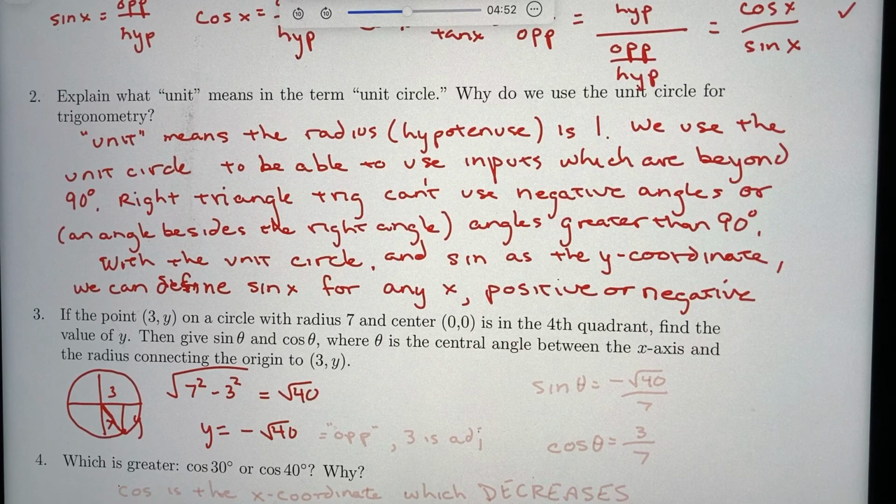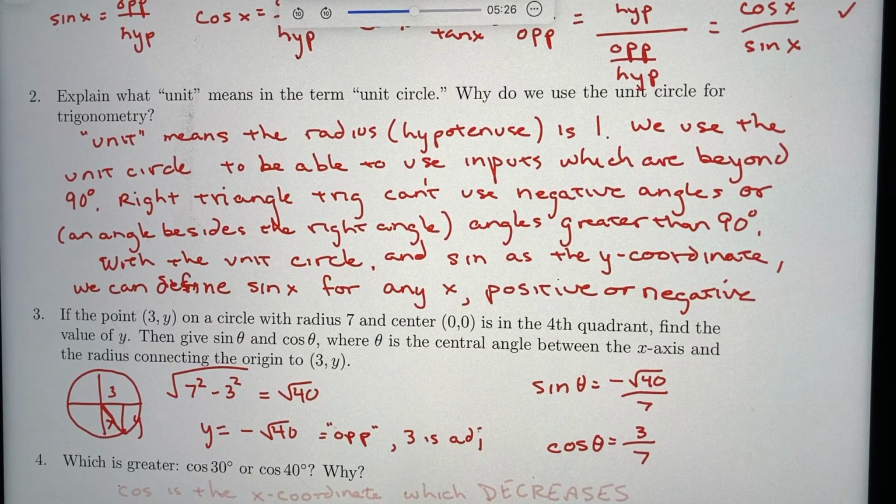And then y is opposite, and we want sine and cosine. 3 is adjacent, 7 is hypotenuse. So sine of theta is opposite over hypotenuse, and cosine theta is adjacent over hypotenuse.